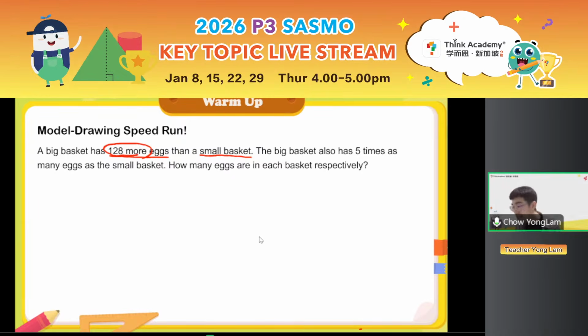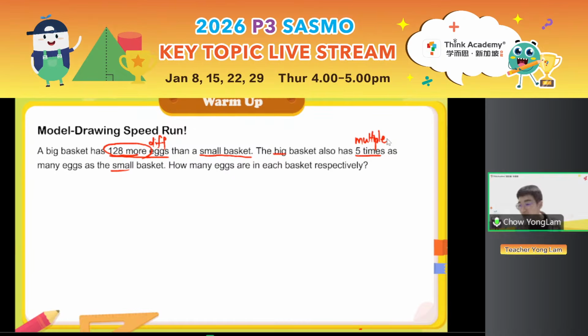No. 128 more. We are comparing the difference between these two baskets. So this time, 128 is my difference. And I also told you the big basket has 5 times as many eggs as the small basket. So this 5 is still my multiple relationship.